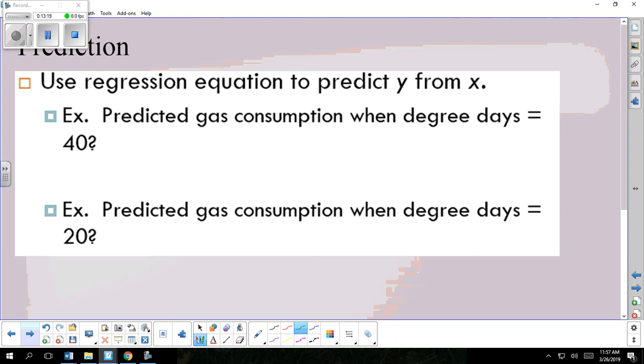So predictions. One of the easiest and most useful things we're going to do with our regression lines is to predict.